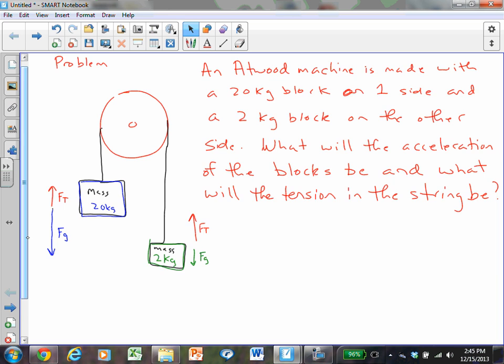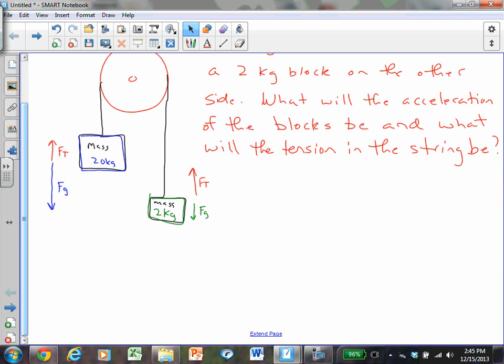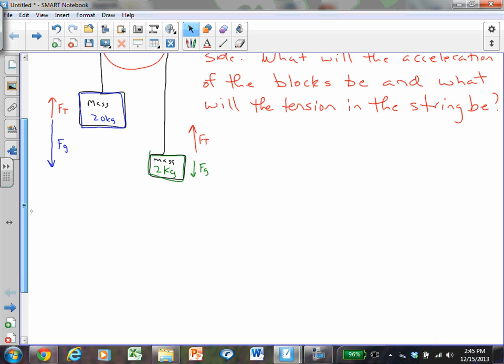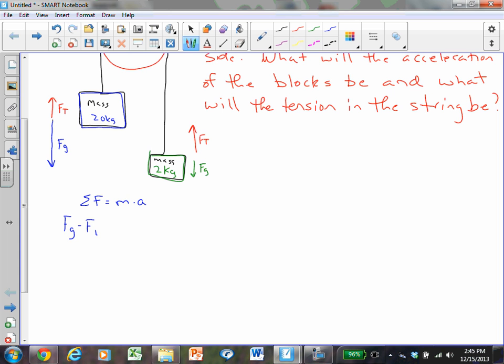So if we set up these two sums of the forces, we could do the blue side. The sum of the forces is mass times acceleration, and Fg minus Ft equals m times a. Fg would be 200 newtons minus Ft equals 20 kilograms times a.